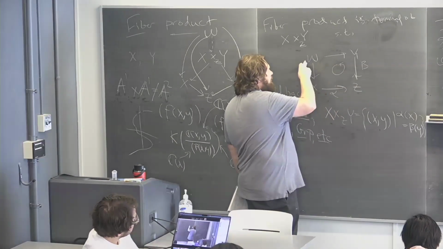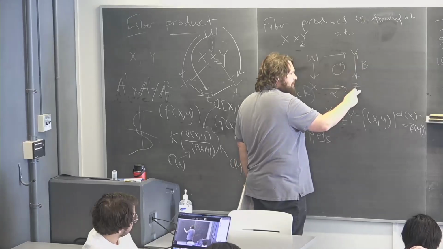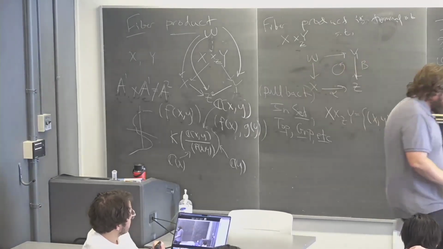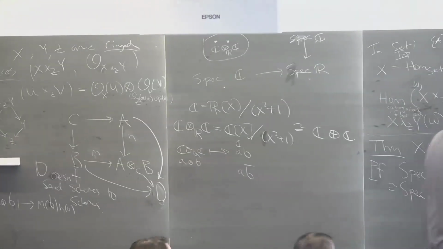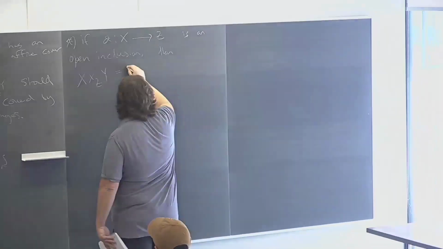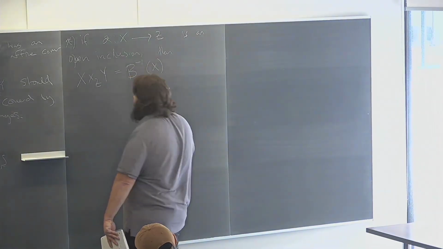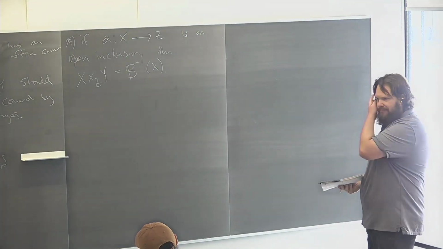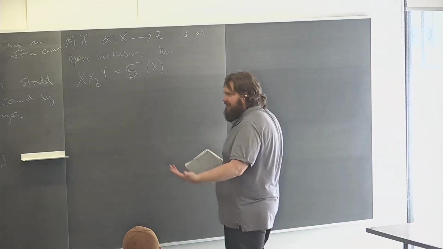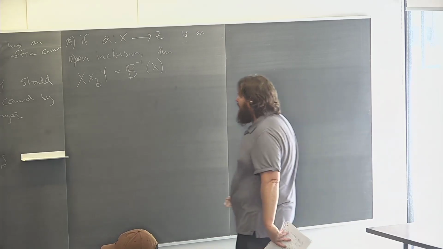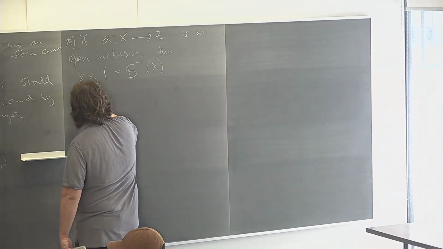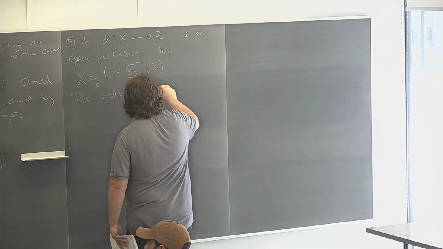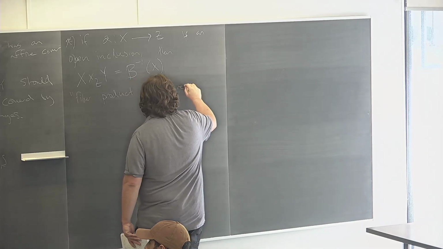It tells me that when I take Y and do this composition, the image lands in X. So this must have mapped into the pre-image. So when I take this fiber product, it's exactly just beta inverse of X. It's taking the pre-image of an open subset of the target. And that's again an open subset because the map is continuous. So this is telling us that fiber product preserves open inclusions.